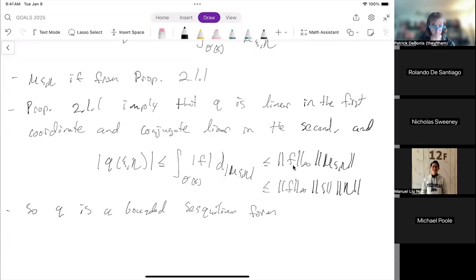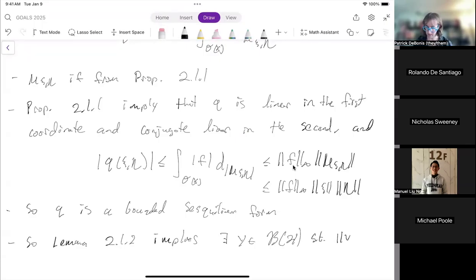And so we can use the lemma above. Lemma 2.1.2 implies there exists some operator, we're calling it Y for now, in the bounded operators on the Hilbert space, such that it's bounded by the infinity norm of f.